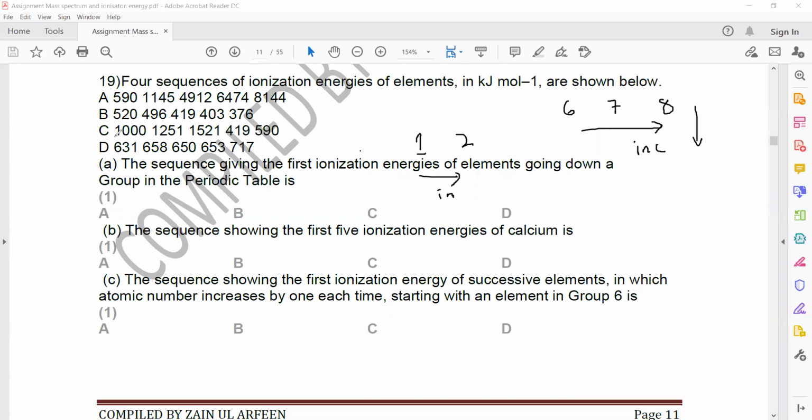So C will be the answer. You can see 1000, because the sequence is what they mentioned.